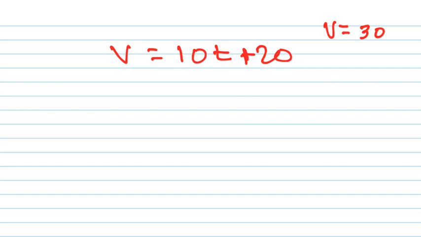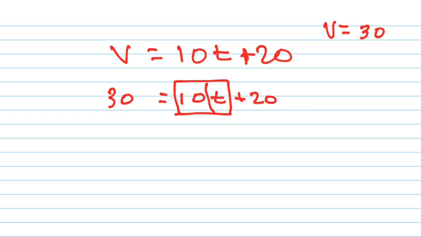And so that one was a little bit different in that you have to solve it. Because they didn't tell you what T is, they told you what the other number is. So that means I have to get this T all by itself. So how would I move this add 20? Remember you just do the opposite?